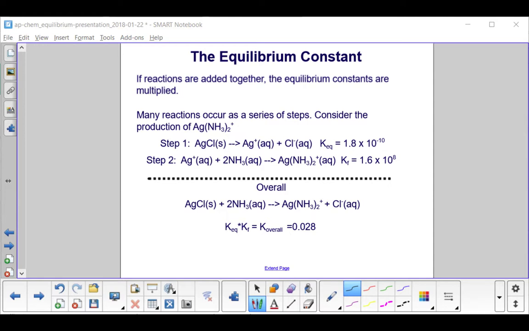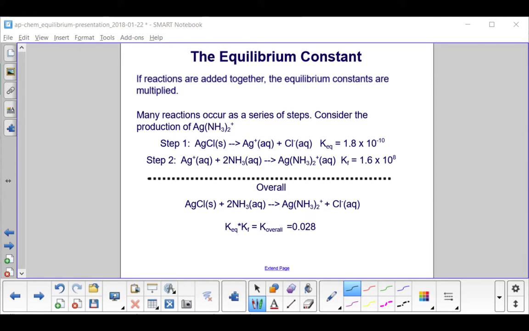The equilibrium constant there is 1.8 times 10 to the minus 10th. And step 2 is the silver ion combining with the NH3 aqueous in solution to produce our AgNH3 +1 in solution. And Kf there, that's just the constant for the forward reaction here, 1.6 times 10 to the 8th.